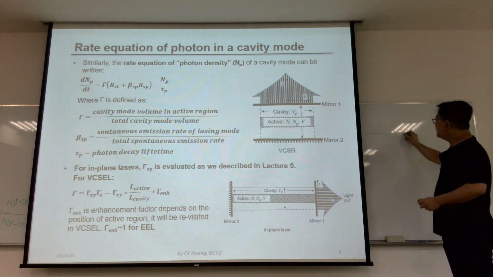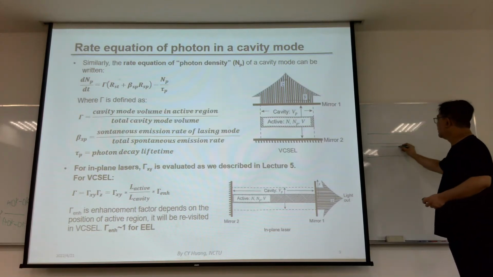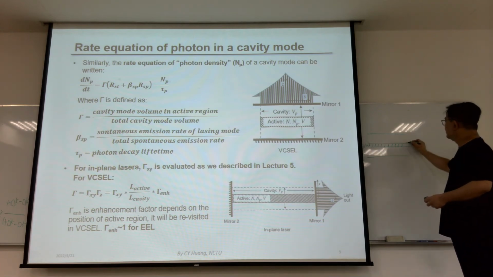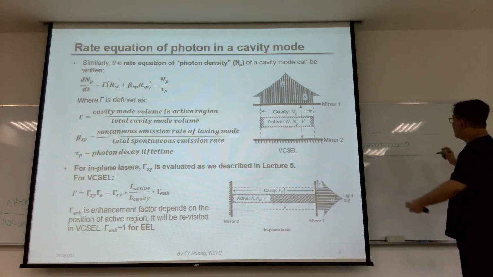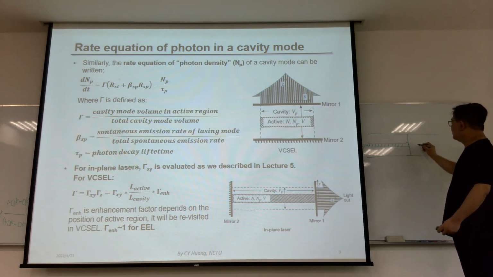Let's consider a structure like this. This is the quantum well, and the laser is long. For some reason, there's no quantum well from here.